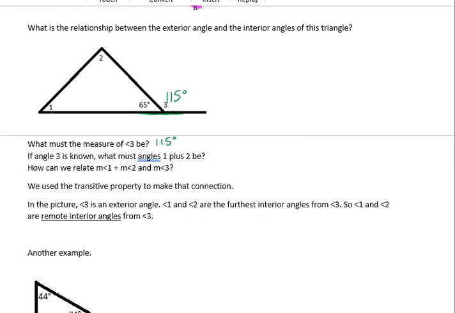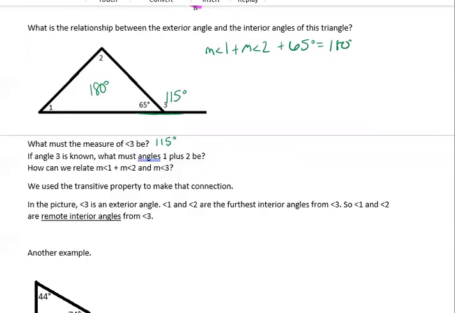Well, let's look about that. I know that 1 and 2 are inside the triangle, and with this 65 degrees, they all have to add up to 180. So the measure of angle 1 plus the measure of angle 2 plus 65 equals 180 degrees.